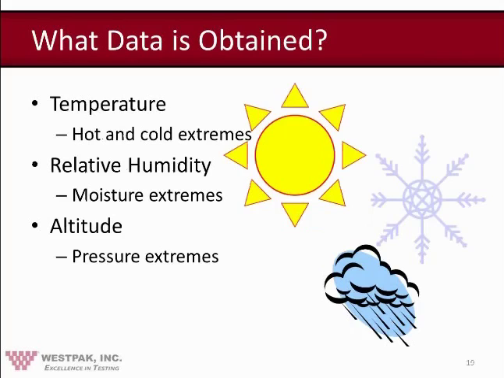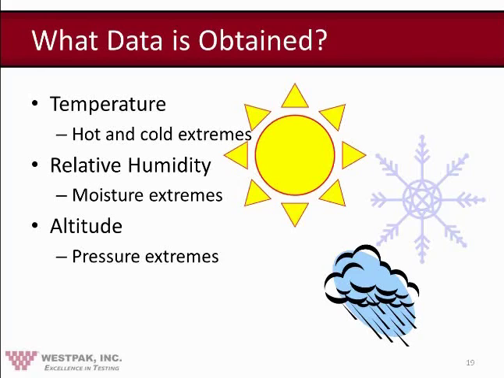Thanks, Herb. So when you also define the distribution environment in regards to temperature, what are you looking at here? Well, for temperature, you're looking at definitely hot and cold extremes, but you also have to remember that on a sunny day, it might be 100, 105 degrees outside. And that's what we feel. But if your box and package is inside a car or inside a vehicle, it's pretty much like an oven.